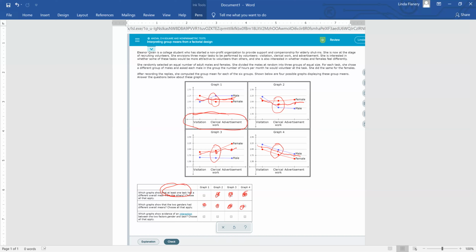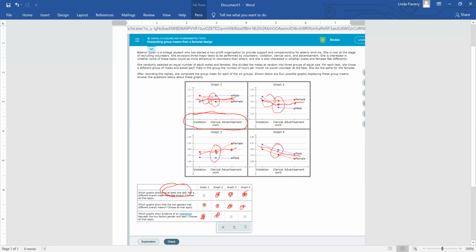Which ones show an interaction? If they show an interaction, the lines are not going to be parallel. They're going to intersect at some point. So in this case, the first graph intersects right here. That one is showing an interaction. This graph intersects right here. Again, that one's showing an interaction.